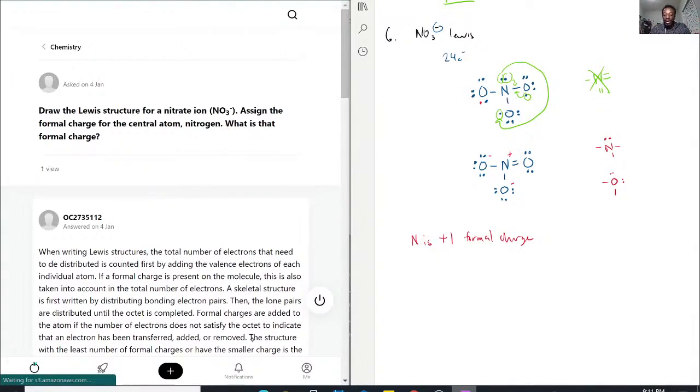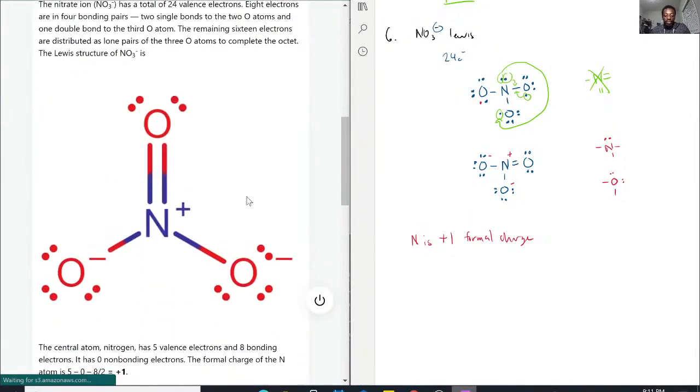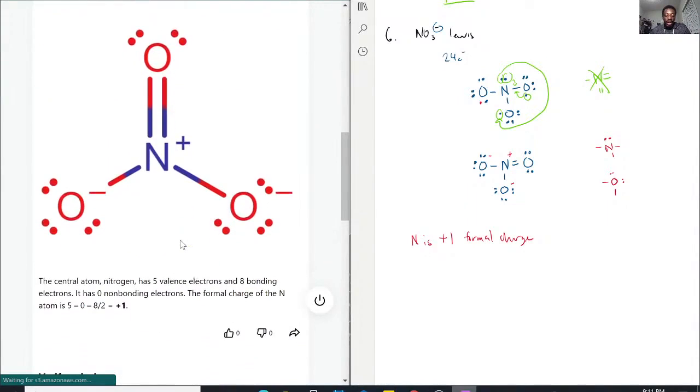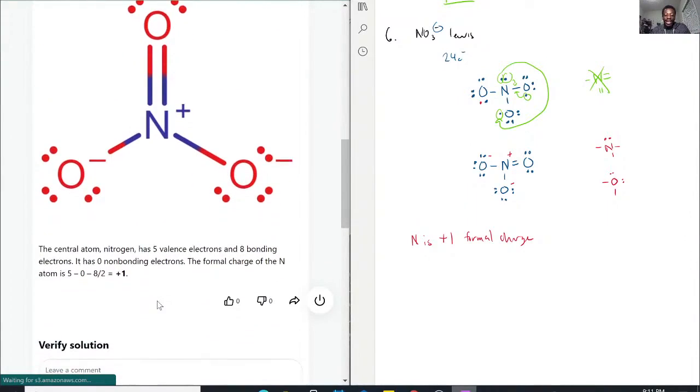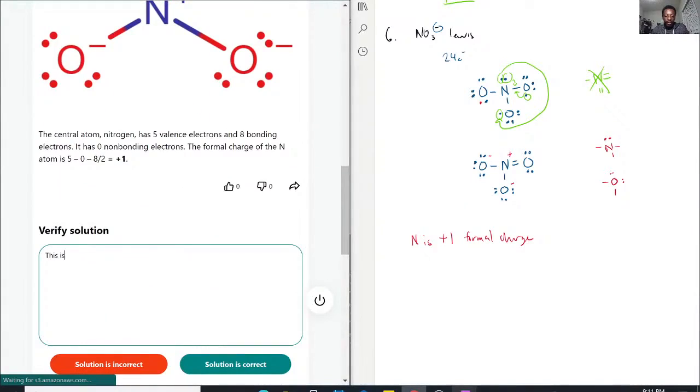Okay, and if I were to move certain things out, then it's no longer following the octet rule. So that being said, this is what they got. Perfect. That's the picture we have right now. 2 negatives, 1 positive, and the formal charge of nitrogen is indeed +1. So this is perfect.